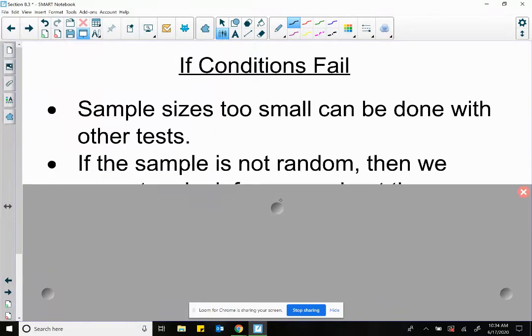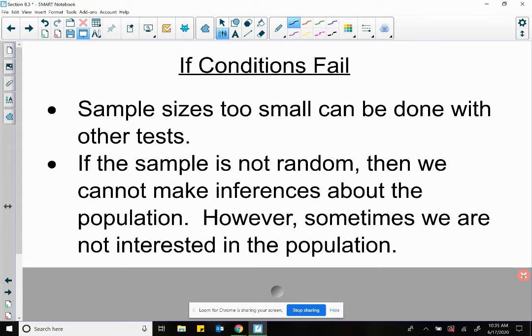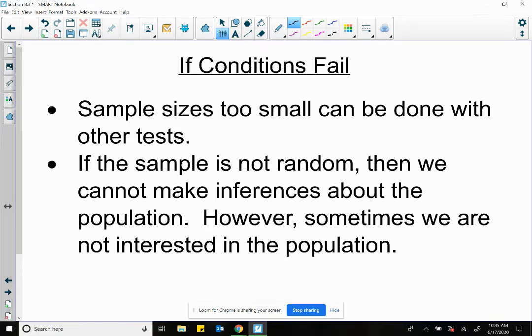Another piece: if the sample is not random, then we cannot make inferences about the population. However, sometimes we're not interested in the population, just so you know. A big thing with this one is to think about medical and psychological samplings. Generally, they have to do a convenience sample.